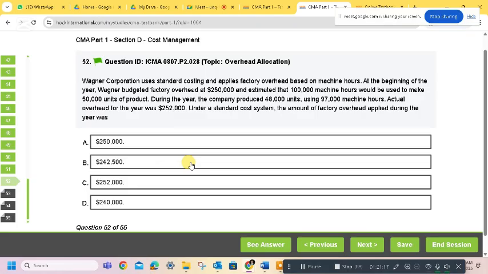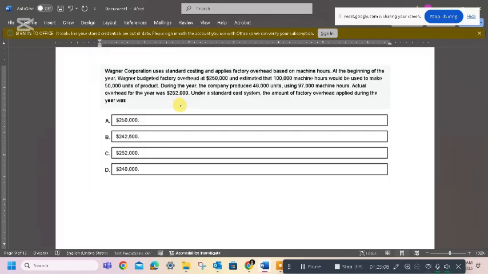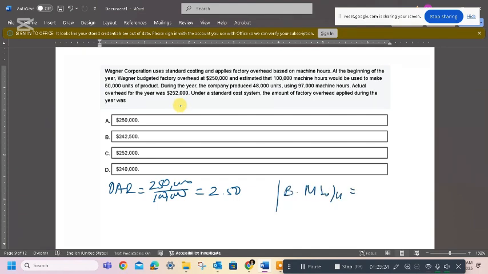You can try this one. Right, so the overhead application rate is going to be 250 divided by 100,000, 2.5. Also, let's find budgeted machine hours per unit. 100,000 machine hours for how many units? 50,000 units.